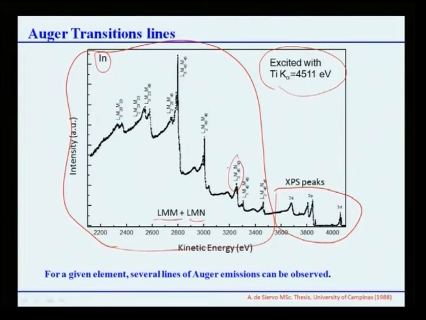There are different element transitions: L1 to M45 N45, and then L1 to M45 M45, L3 L2 and so on. So basically these are all LMM transitions as you see here, and there are many. This is one LMN, this is another LMN, and this is also an LMM transition.